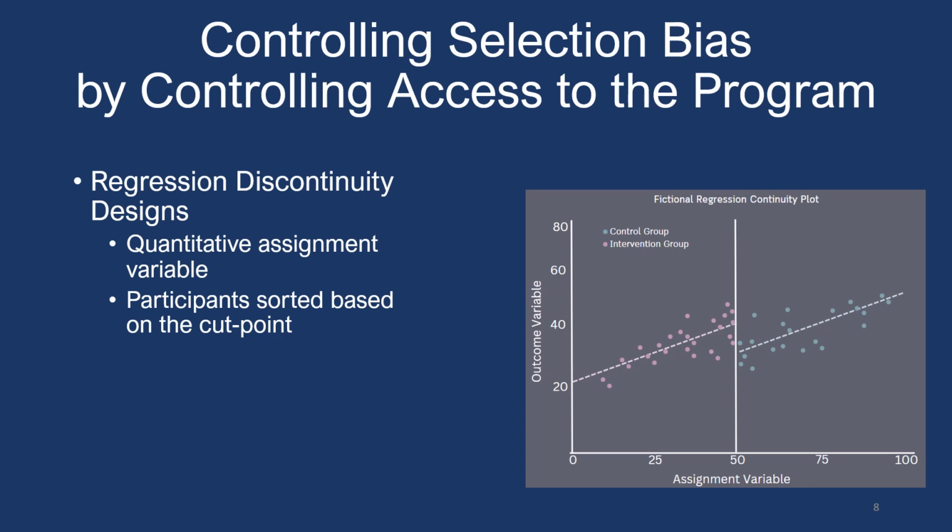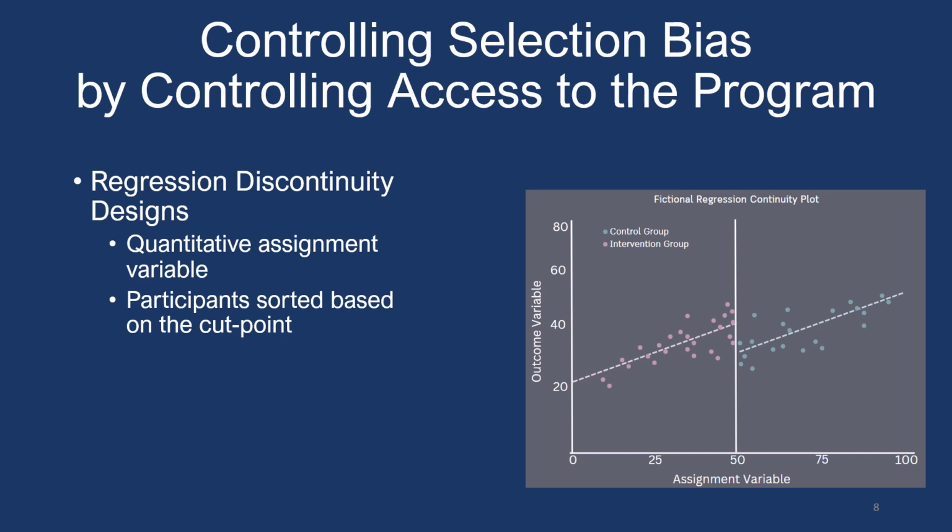If evaluators aren't using a random control group design, but are still looking to have a control group, the second approach that we use is known as regression discontinuity designs.